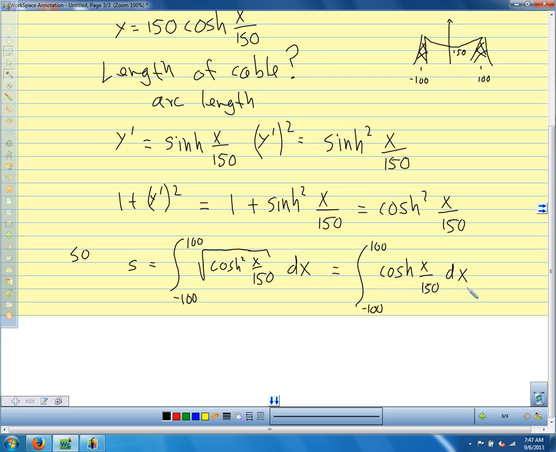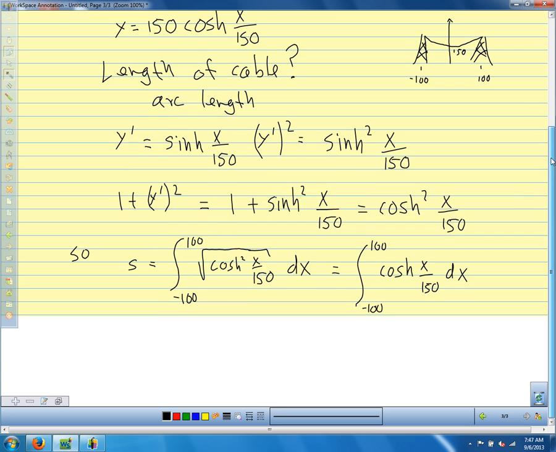And the integral of cosh of x over 150 is what? 150, yes, 150 sinh of x over 150. And we're evaluating this from negative 100 to 100.